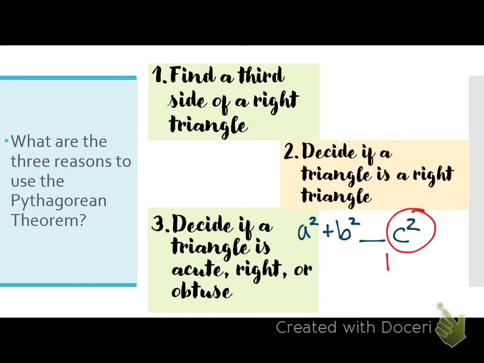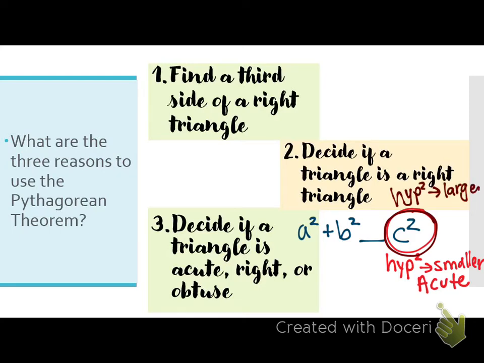So if c squared, which is the hypotenuse squared, is smaller than a squared plus b squared, what kind of triangle will that be? Acute. And then the opposite, if the hypotenuse squared is larger, that means it is an obtuse triangle.